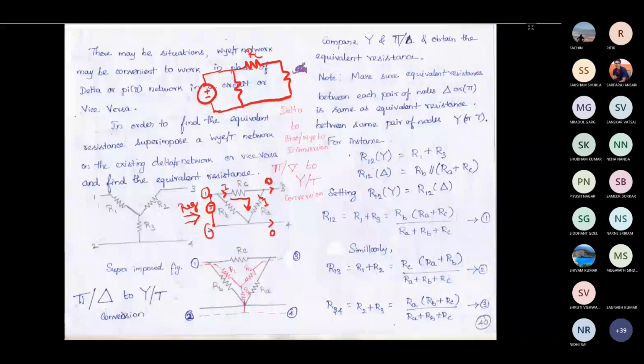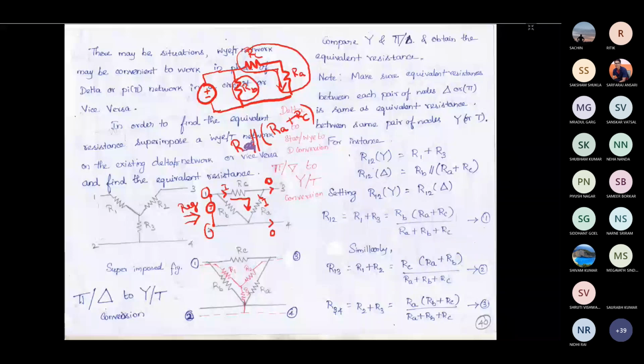Now it is very clear that these two elements are in series, and this element is parallel to the combination of this. So RA and RC are in series, and RA plus RC is the equivalent resistance for this series combination. That is parallel to RB.